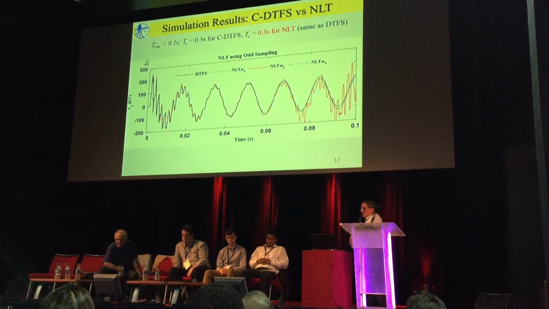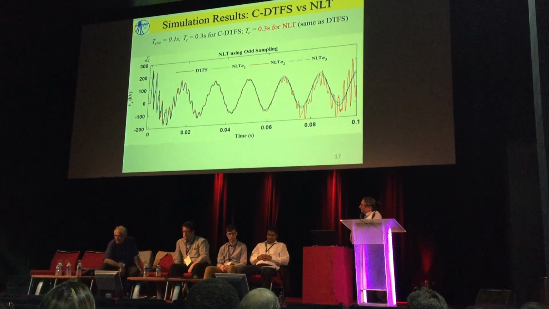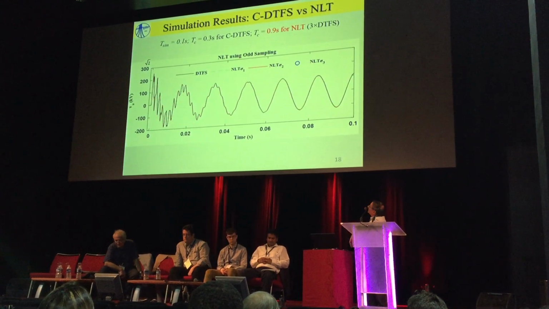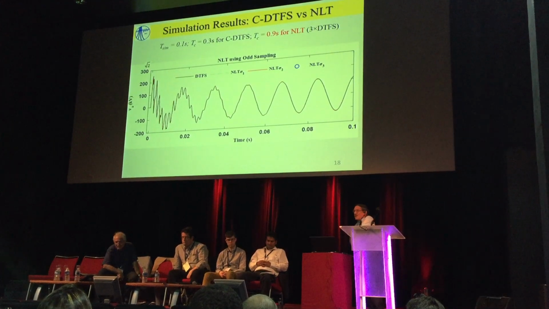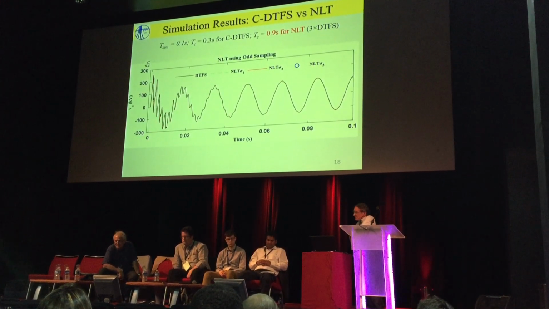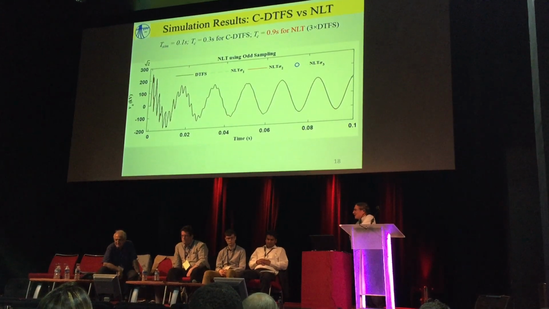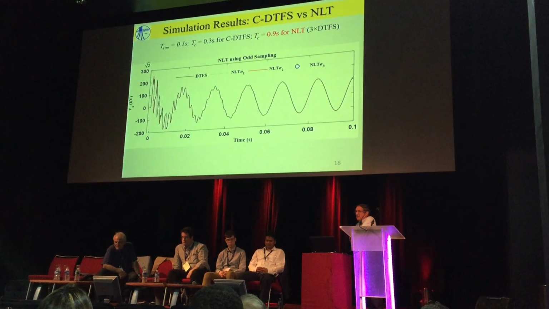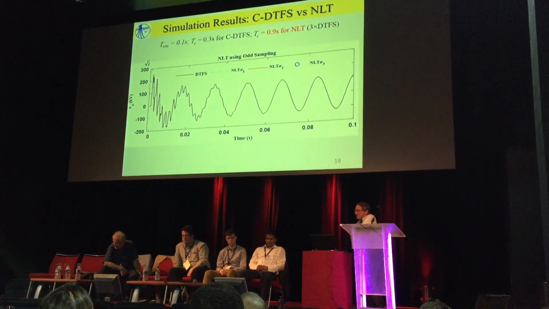Now, why not continue that? Let's make the time window of the Laplace transform even wider. Here we got a good match between the Fourier series, or the discrete-time Fourier series, and the numerical Laplace transform, at the expense of increasing the time window of the Laplace transform.